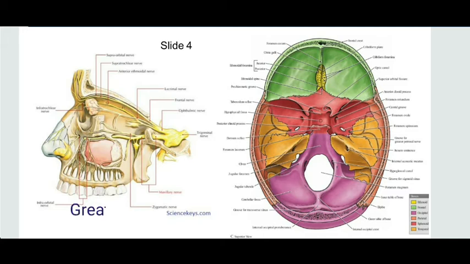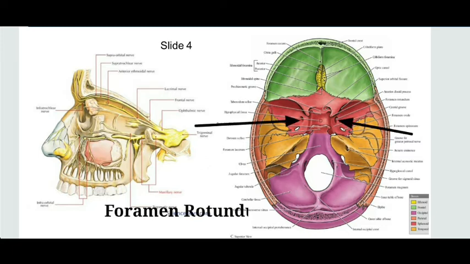The greater wing of sphenoid presents the following features. First is the foramen rotundum. The foramen rotundum leads anteriorly to the pterygopalatine fossa.